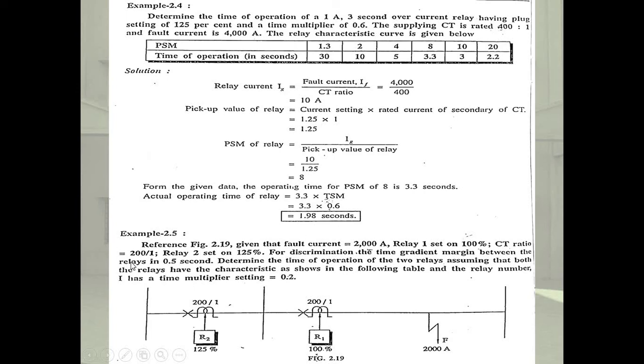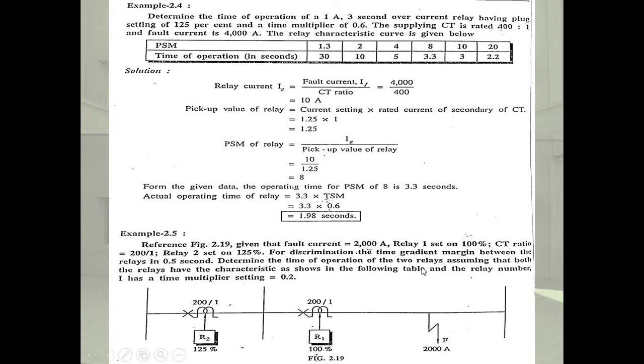Now next example. Reference figure is 2.19. Given that the fault current is 2000 ampere, relay 1 is set on 100%, CT ratio is 200 by 1, and relay 2 is set on 125%. This is relay 1, R1, and this is relay 2, R2. For discrimination, the time grading margin between the relays is 0.5 seconds.